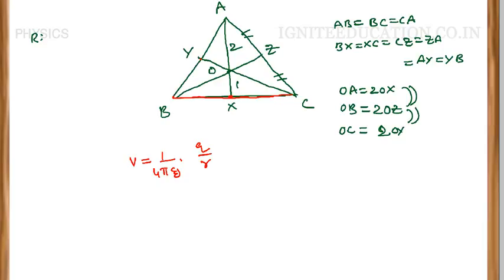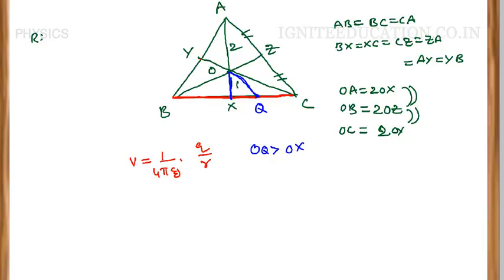So if you consider any point on BC, for example Q, those points have more distance when compared to OX. OQ is greater than OX. That means OX is the minimum distance.